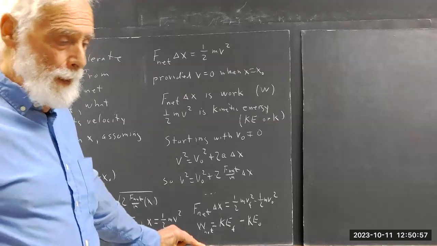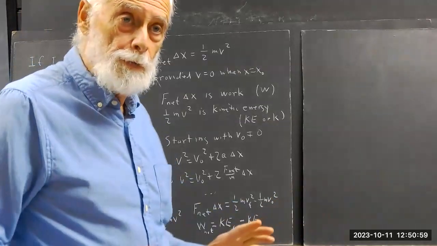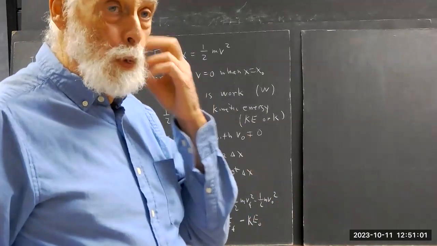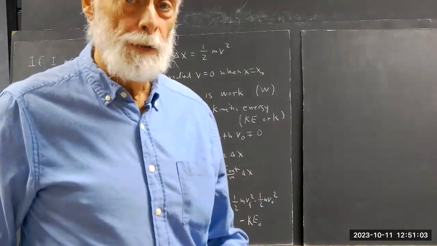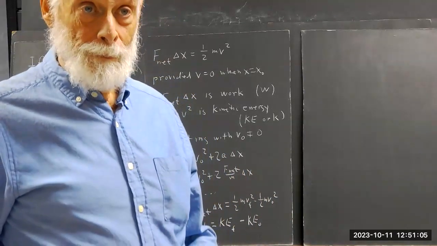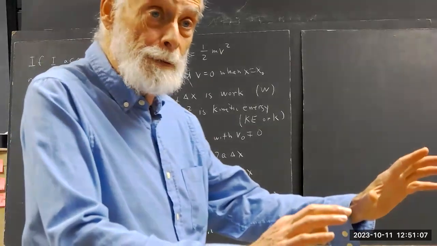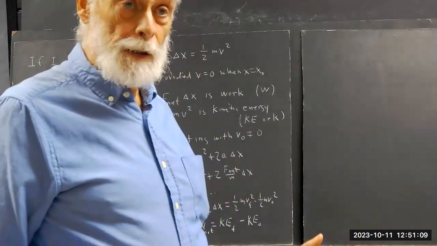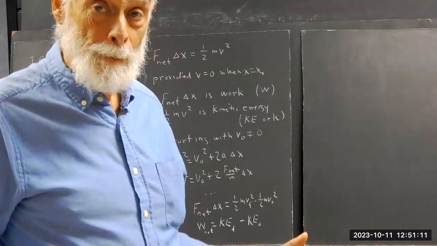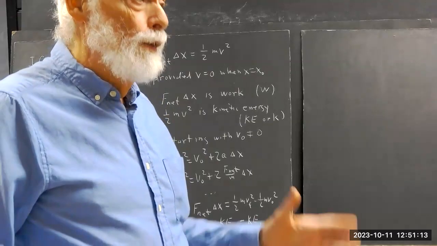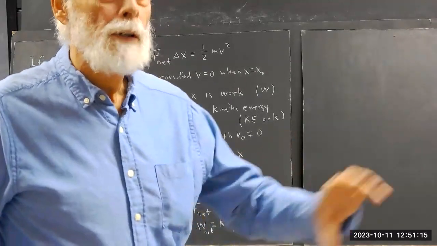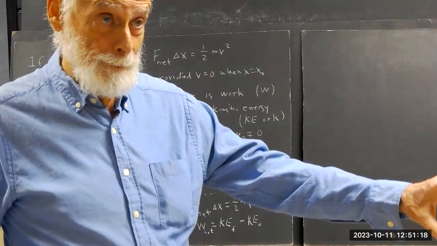Okay. If I push a box across the floor, the work done by the net force is changing its kinetic energy. So if I speed the box up, I'm increasing its kinetic energy. The work I do is not the work that increases its kinetic energy.